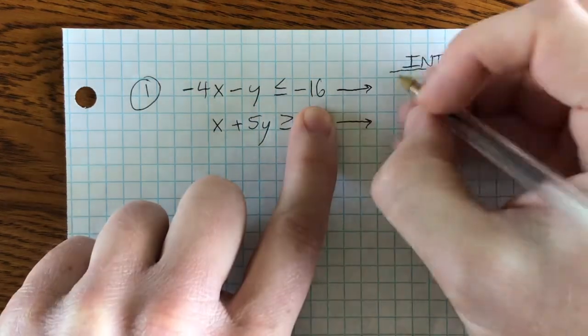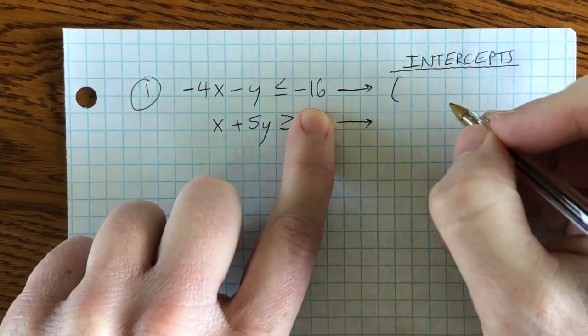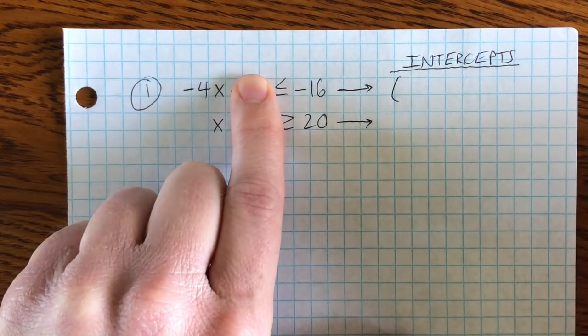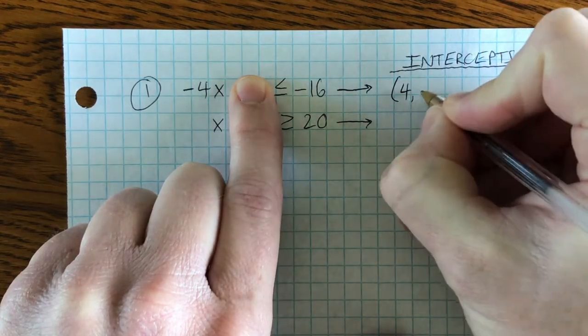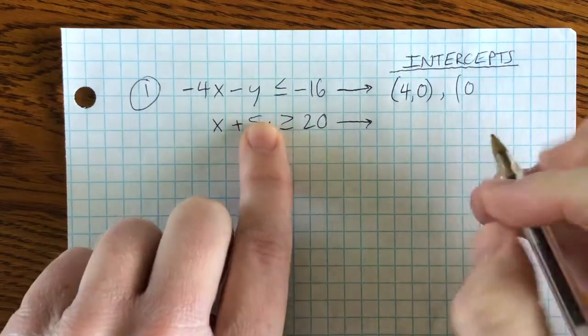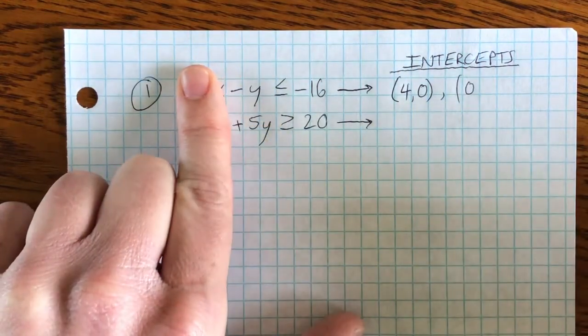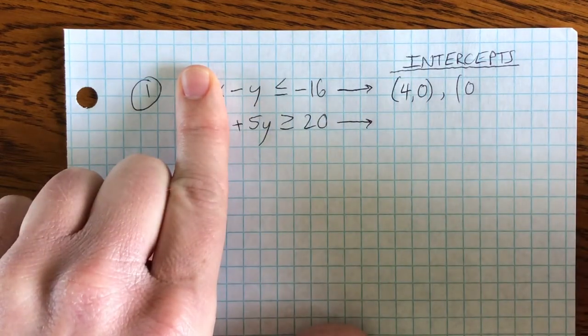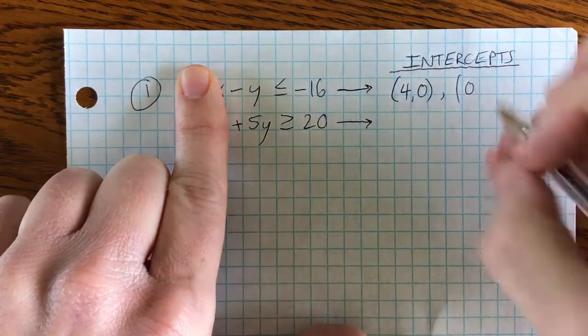The x-intercept would be what? That's when we let y be equal to 0, and then we solve for x. So our x-intercept would be 4, the ordered pair (4, 0). Our y-intercept would be when x is 0.